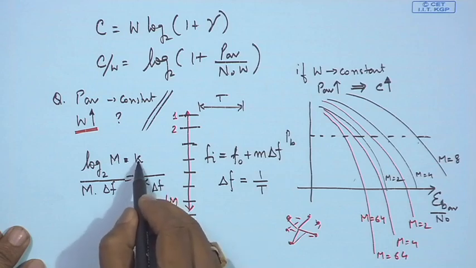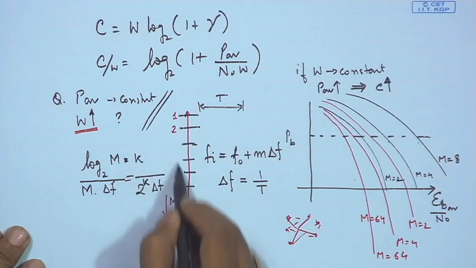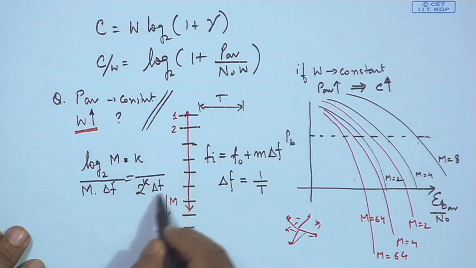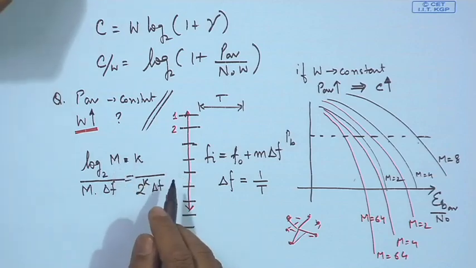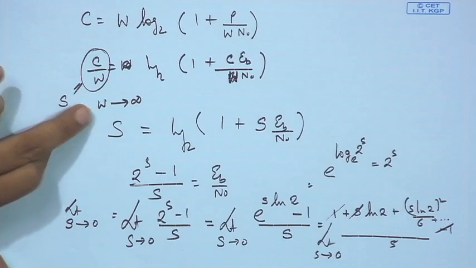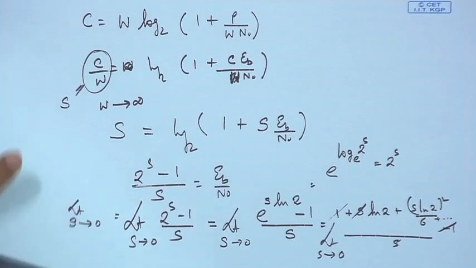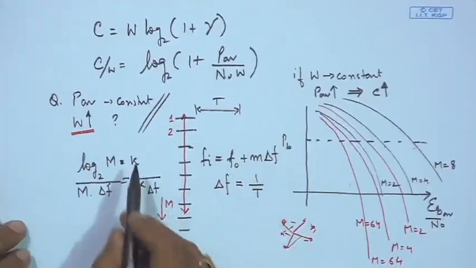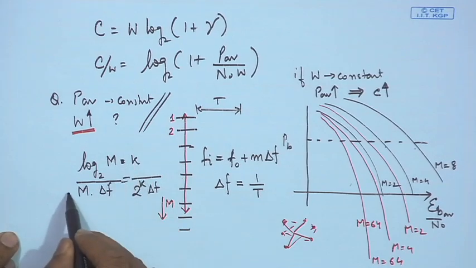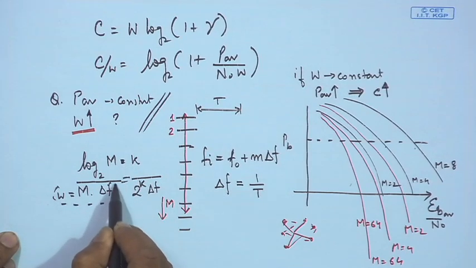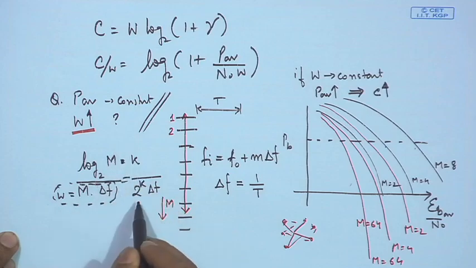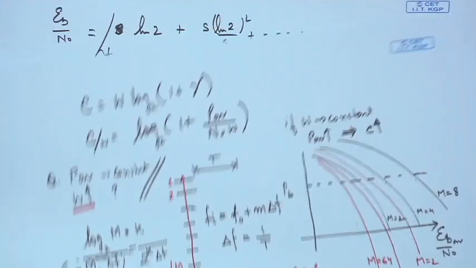As we keep increasing k, this ratio becomes smaller and smaller, and as k tends to infinity, this ratio tends to 0, and that is exactly what we have over here. As W tends to infinity, S tends to 0, which is achieved by making k very, very large. So, the total bandwidth available becomes very, very large. So, it is consistent on both the sides.